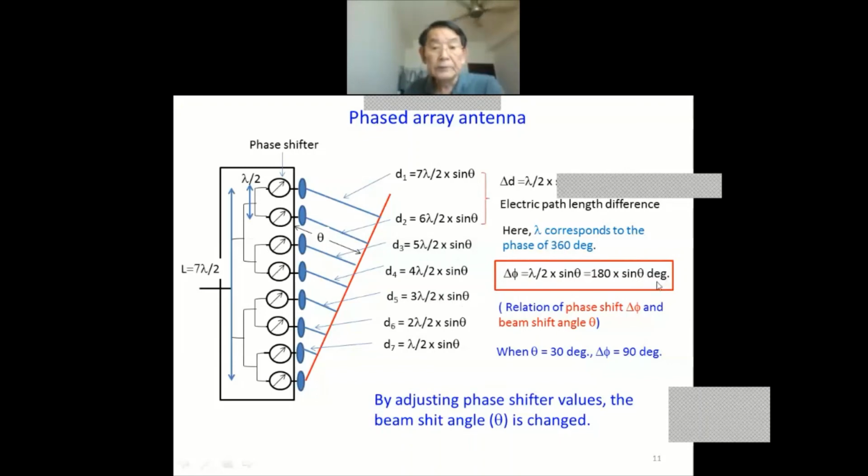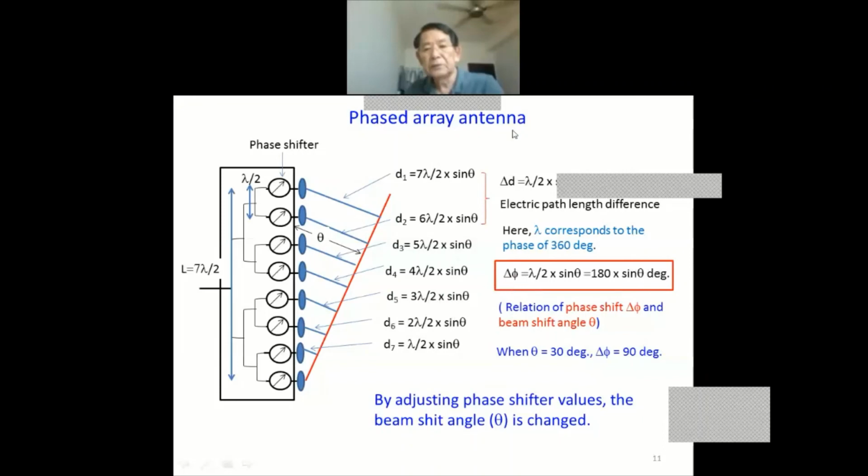By using this equation, to achieve theta direction radiation, the phase shift angle is given. So, considering this equation, if we adjust the phase shift value, we can control the radiation direction.